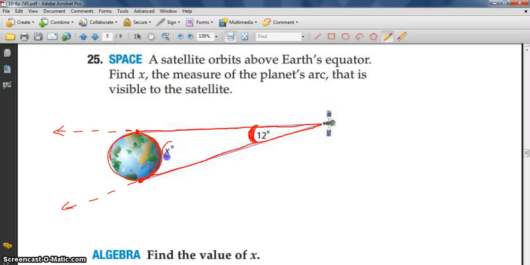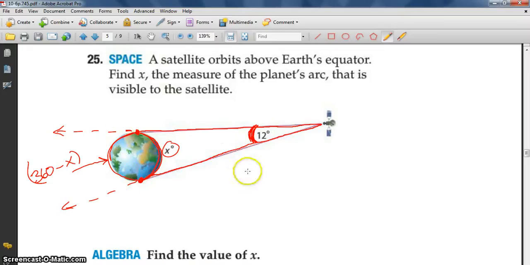So if I'm calling this side x, to get the other side, I have to take 360 and subtract x, whatever x is. So if this side were 100, then this side would be 260. If this side were 50, then this side would be 310. So I'm subtracting whatever this is from 360 to get this arc.